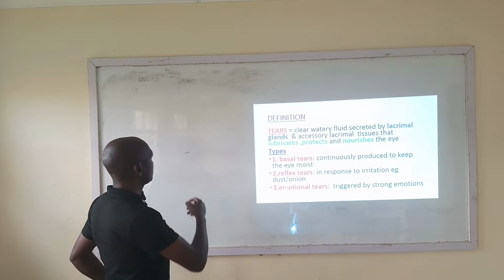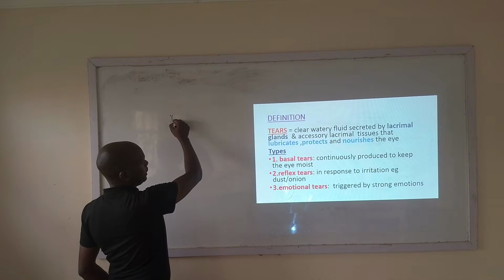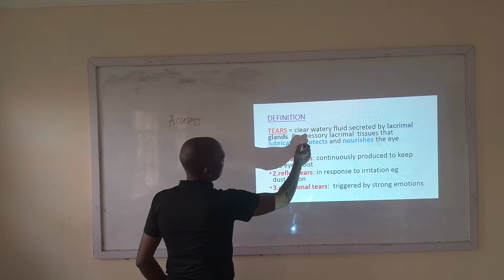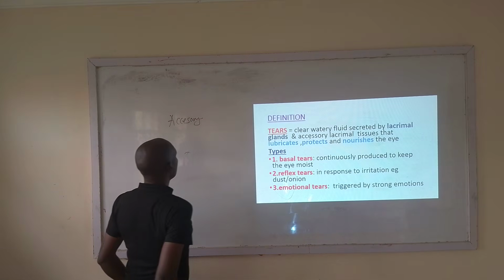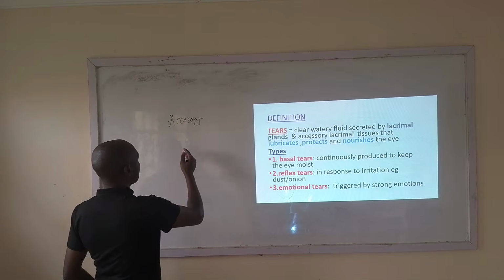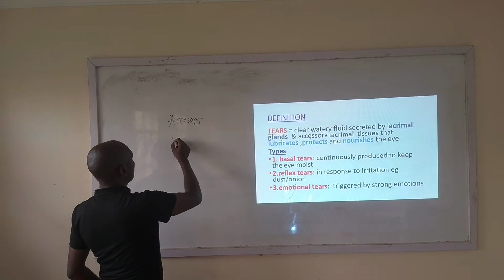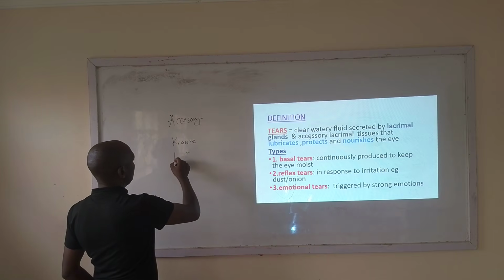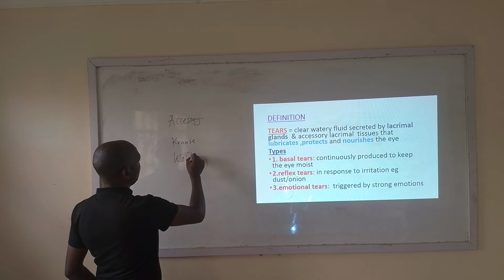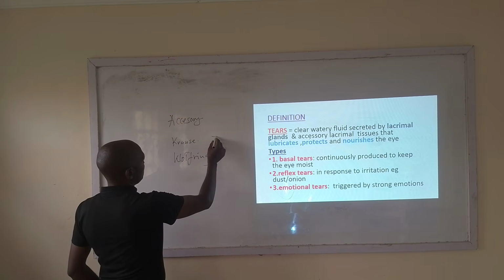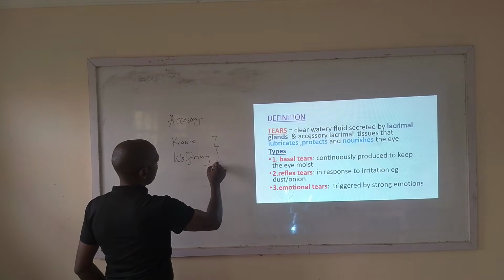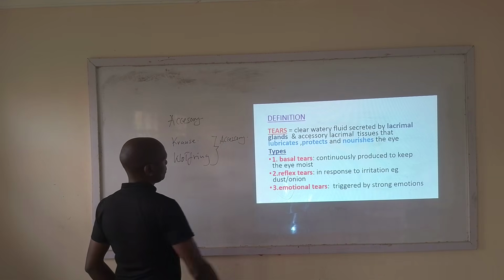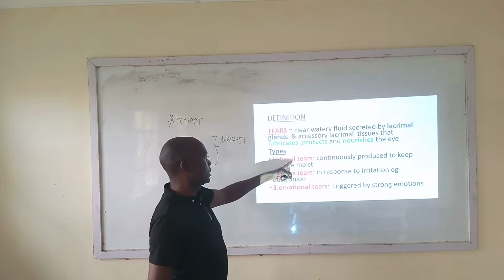And it's normally mostly produced by accessory glands. In this case, we have two of them: Krause and Wolfring. These two are examples of accessory glands which produce basal tears.